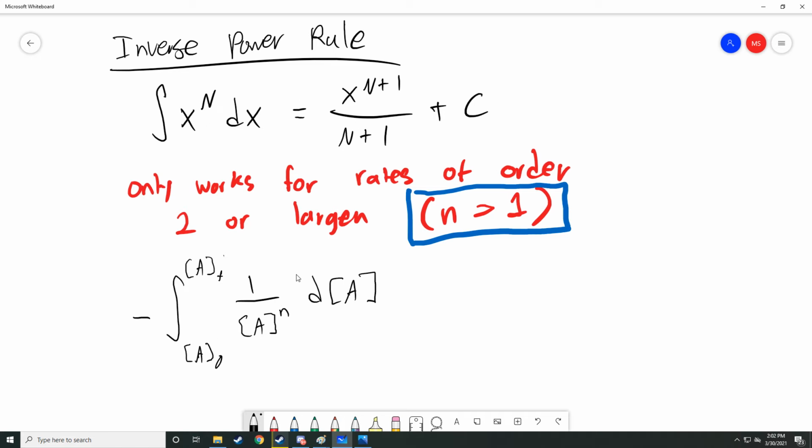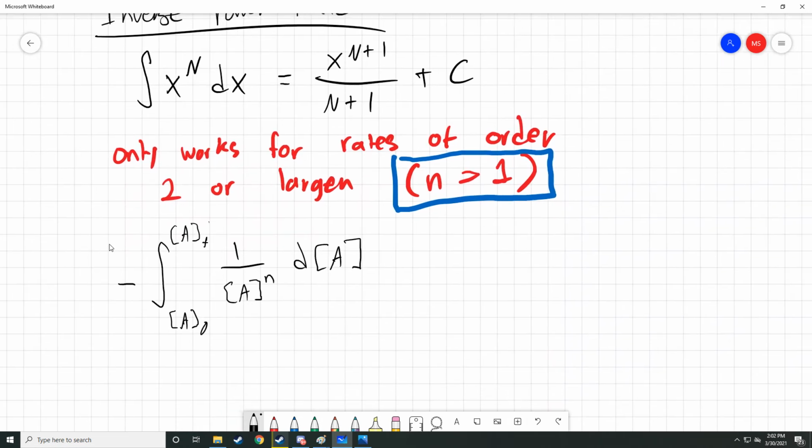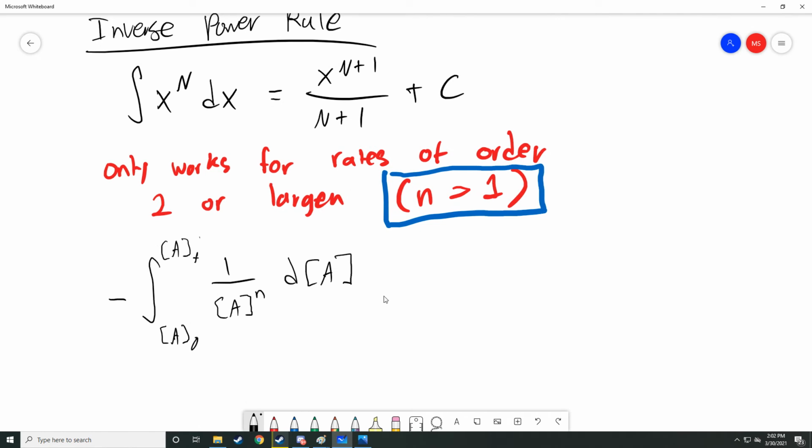And what we're going to do is use the inverse power rule here. So we can actually rewrite this as negative, same bounds of integration, except it's 1 over this, and we know that when we have an exponent in the denominator, that's equivalent to writing the same thing with the same exponent and a negative sign out front, so negative n dA.